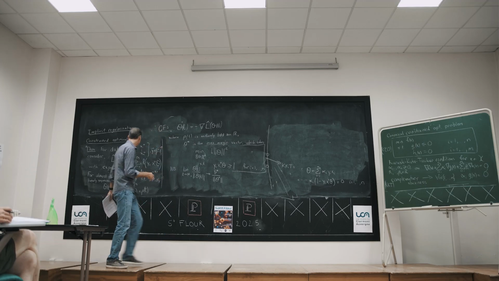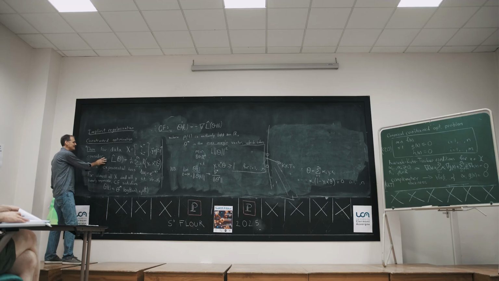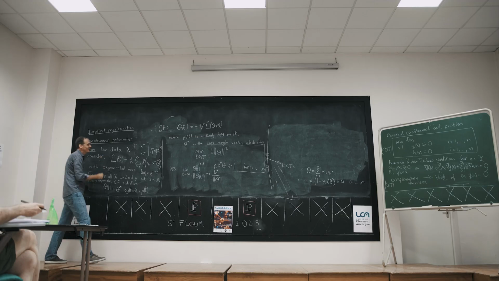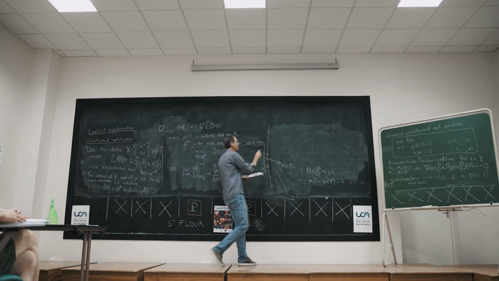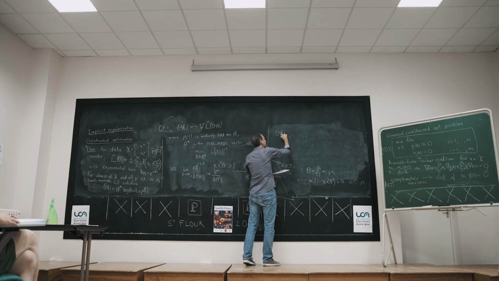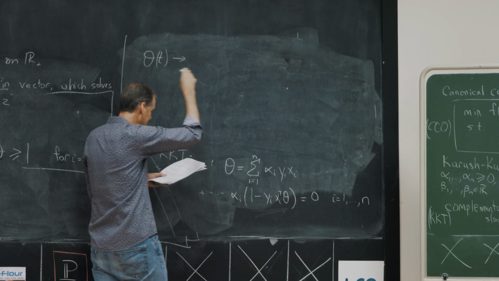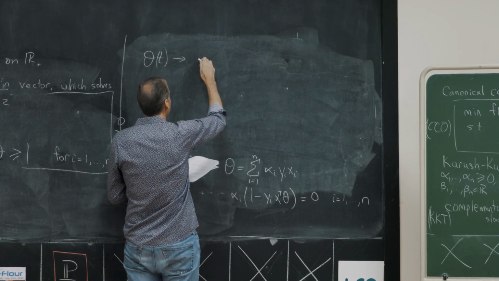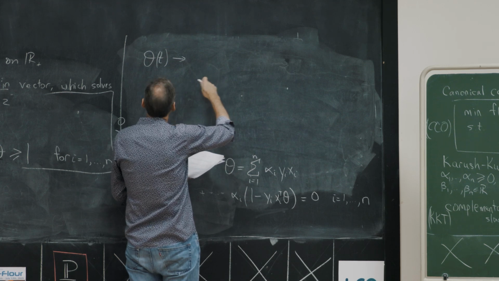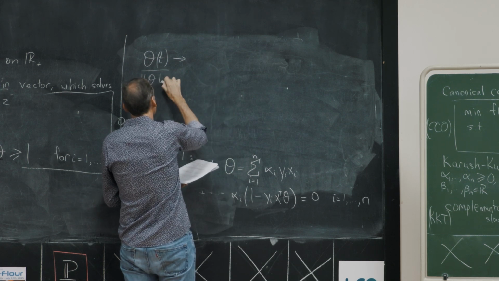Okay, so if we think about what gradient flow is going to do with this loss function, we've got theta t. Let's say it approaches some limiting direction, so maybe I should write it as theta t over its norm.